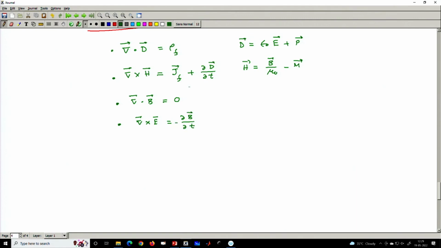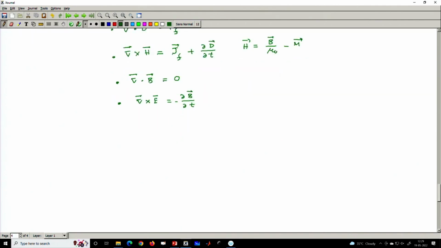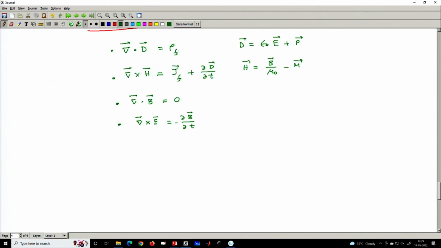There will be no change. Only the terms associated with the charge density and current density are modified. These are Maxwell's equations in matter.